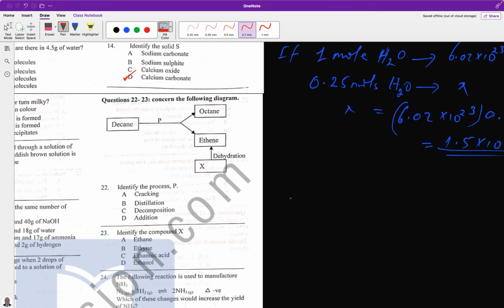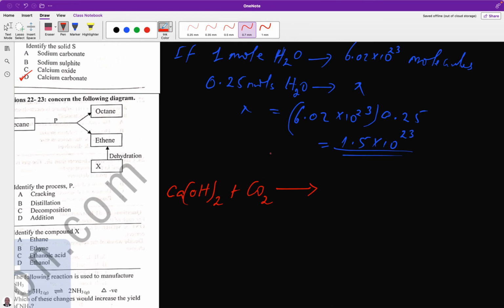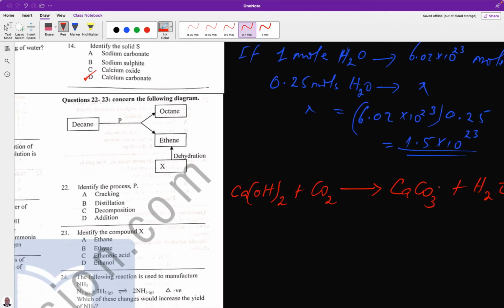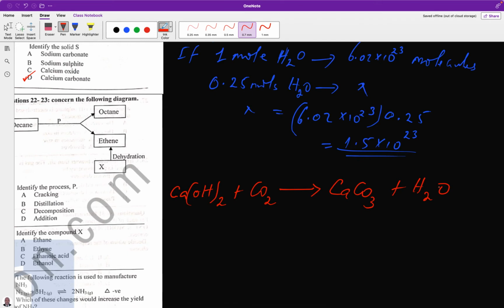If lime water reacts with carbon dioxide, for instance, let me say this is a reaction, calcium hydroxide when it reacts with carbon dioxide gives calcium carbonate plus water. Remember, calcium carbonate is white in nature, and when the calcium hydroxide reacts again with carbon dioxide, it reforms the calcium carbonate.